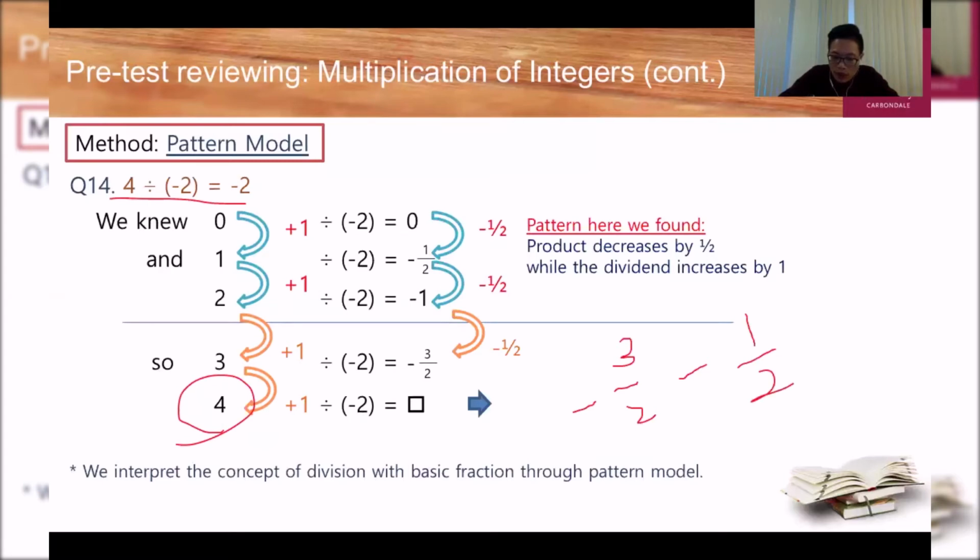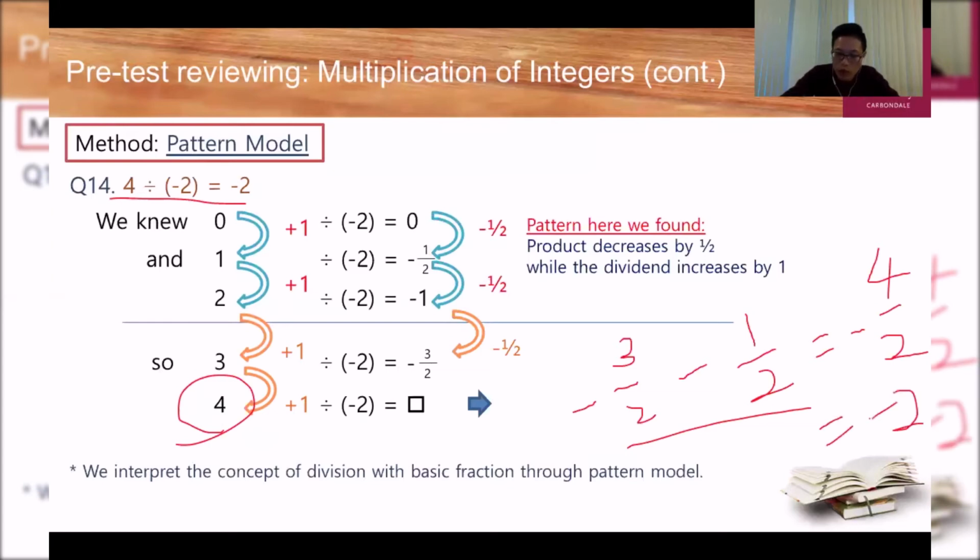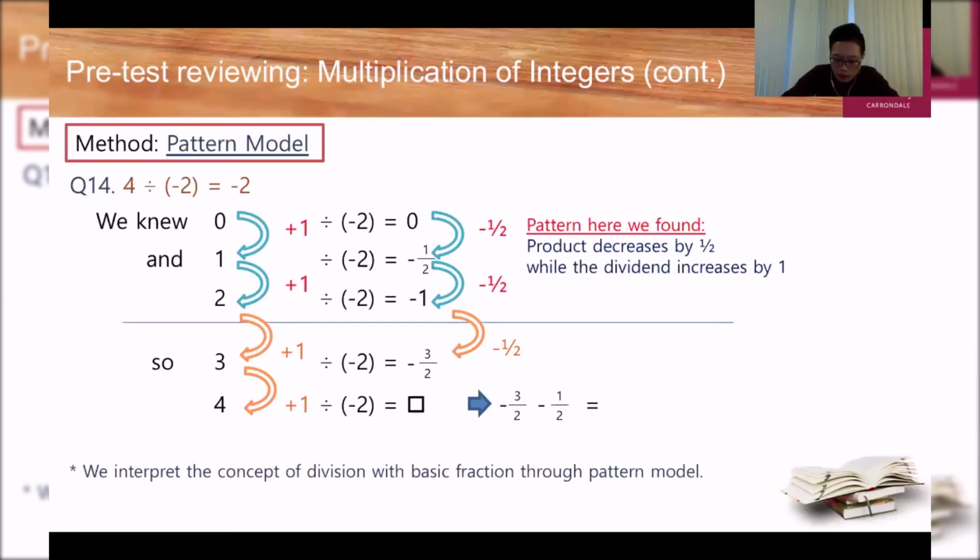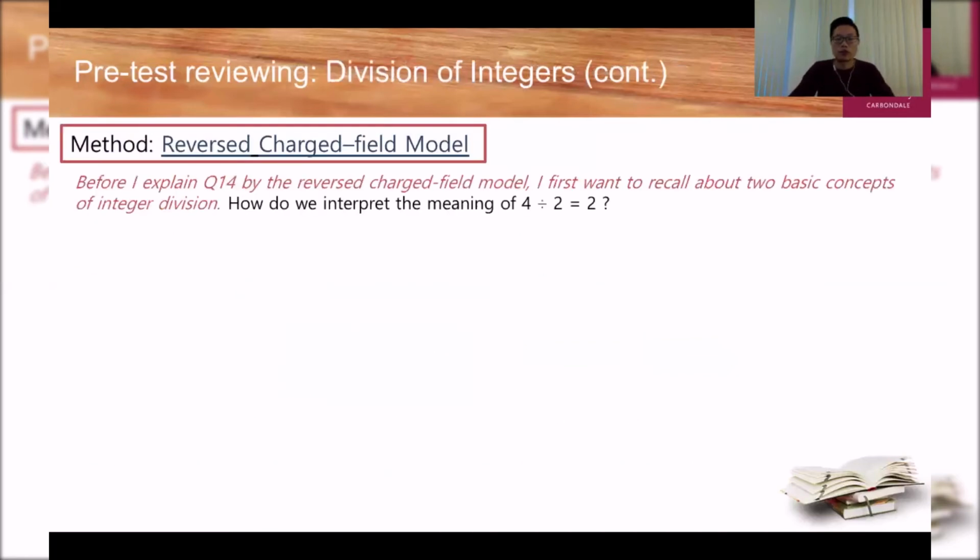Because here we have the same denominator, the answer will be -4/2, and we reduce it. The product will be -2. So it's still pretty simple by the pattern model in this question. Okay, let's move on to the charge field model.